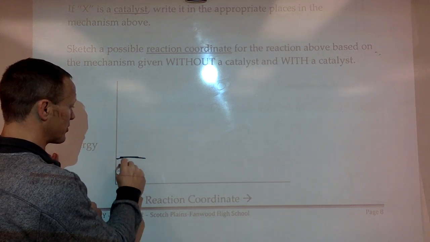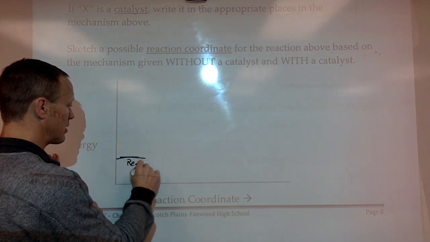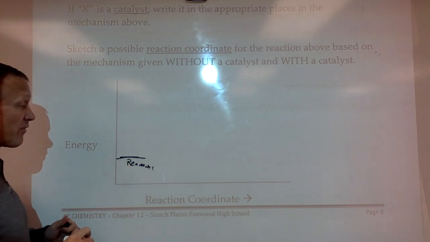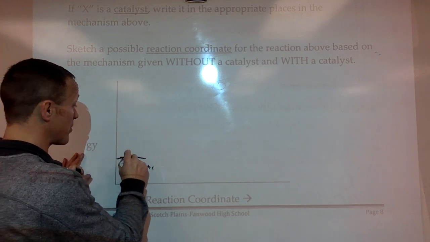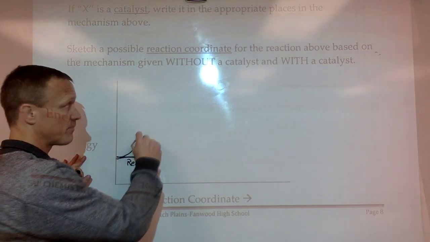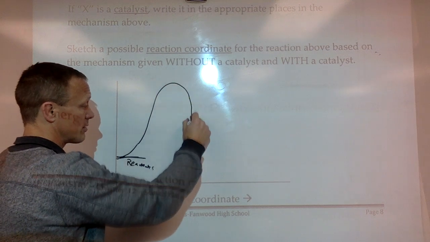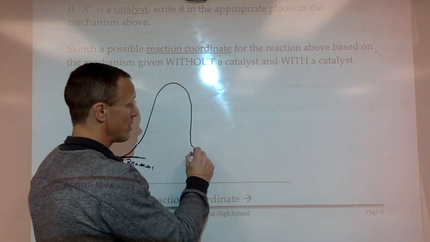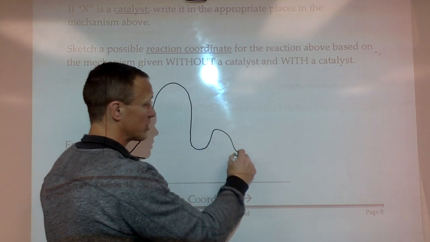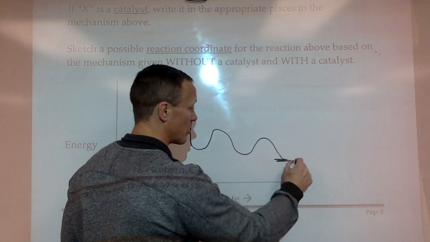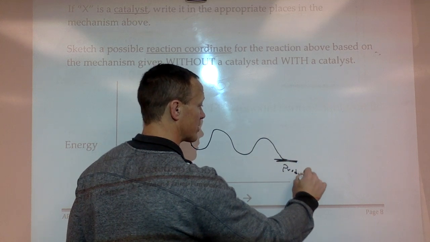Let's say our reactants start off with this much energy. Well, the reaction happens in 3 steps. And the first step is the slow step. So the first step probably has the highest activation energy. I don't know how low these go. And then the next 2 steps were faster, so they must have smaller activation energies. Maybe these are products.